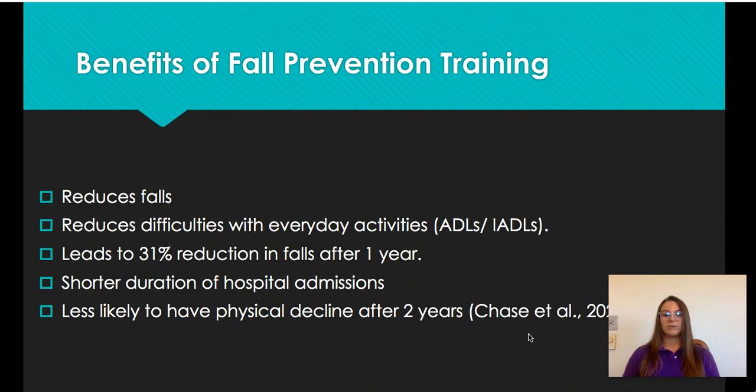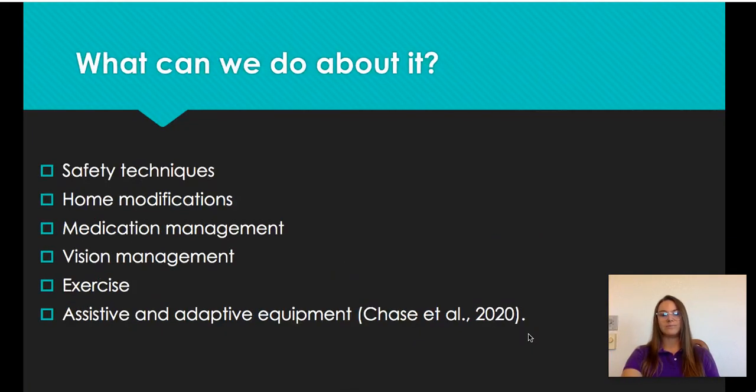There is a shorter duration of hospital admissions, and individuals are less likely to have physical decline after 2 years. So by following and implementing fall prevention strategies, ultimately you are going to be safer and have a longer, more independent, and better quality of life. So it is fairly important.